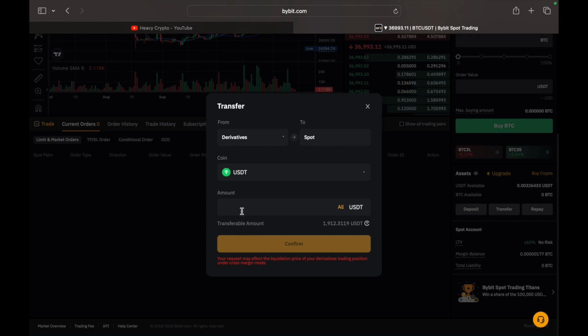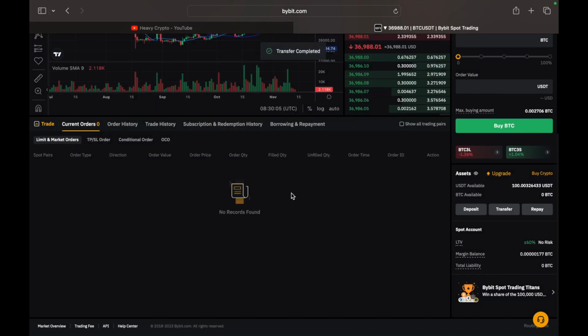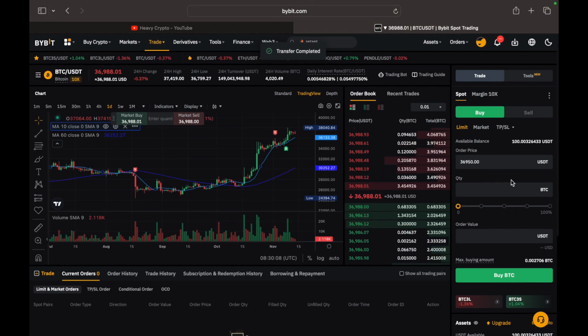So I'm simply gonna go ahead and type 100 right here like this and click confirm. Okay, so it's just gonna load up, and right here you can see that it says transfer completed. So I've got $100 in my spot trading that I can use to buy Bitcoin right now.